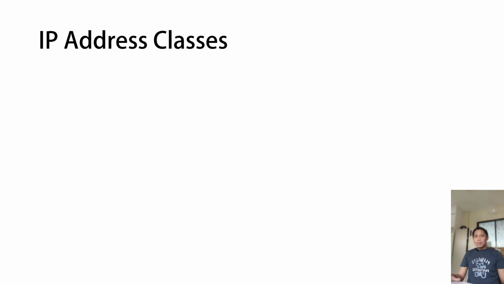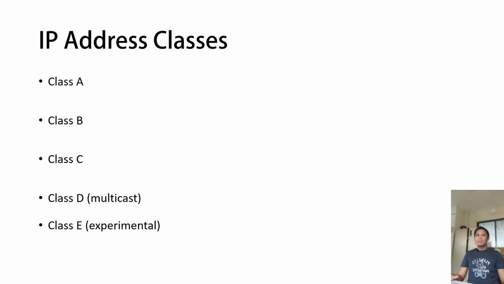So IP addresses have different classes. We have Class A, Class B, Class C, Class D for multicast, and Class E for experimental.